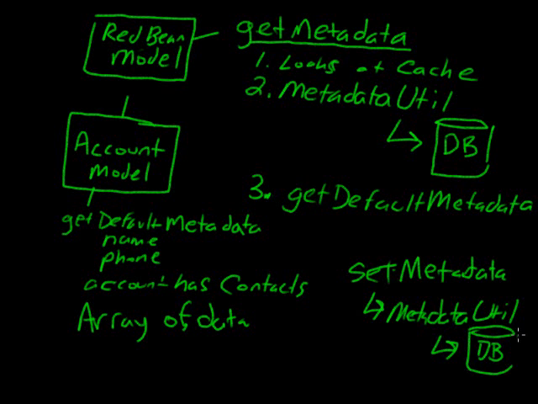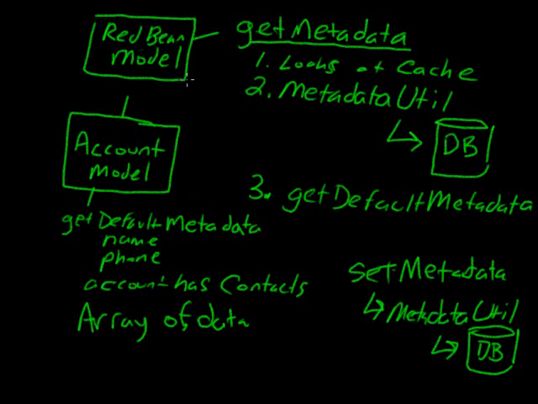So after you first customize the account model, the metadata is immediately stored in the database. It's not in the file system, it's in the database so that it's easier to scale, and we don't have all these different files being cached and created in the file system itself. And so that's the basic flow of how the metadata works.